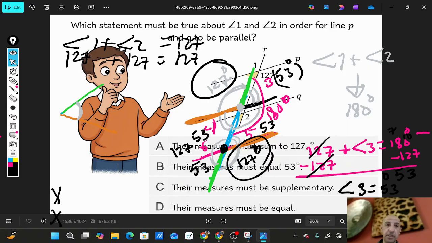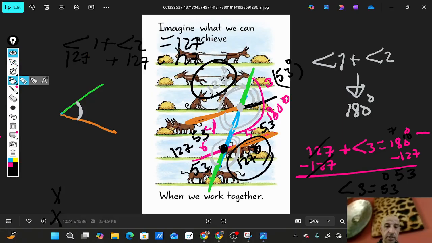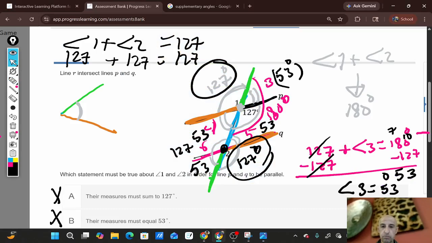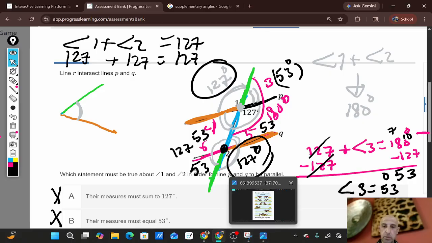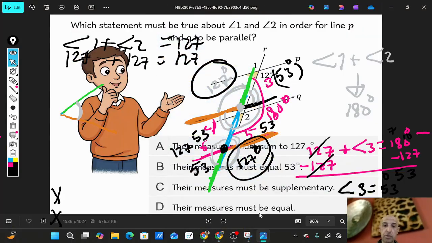So number C here is not right. Okay, let me go back to the picture. Okay, of course, number C will not be right.